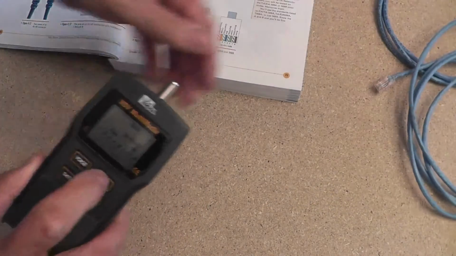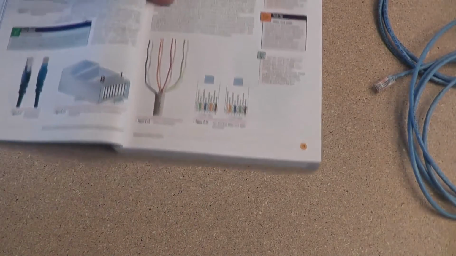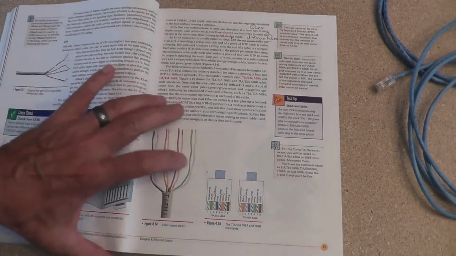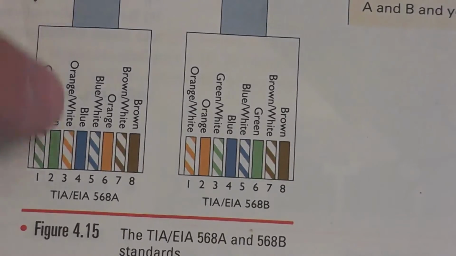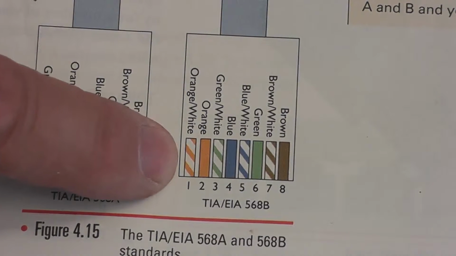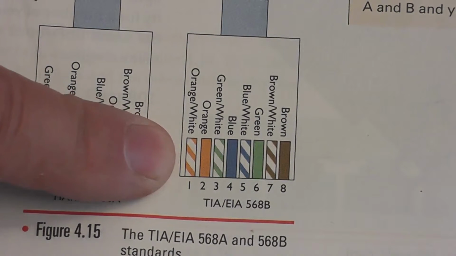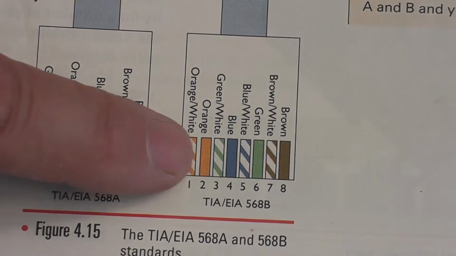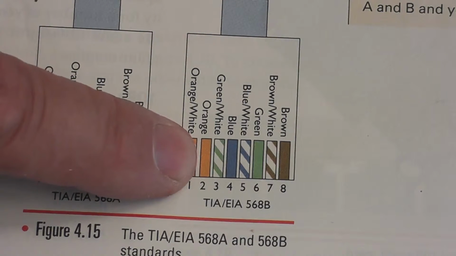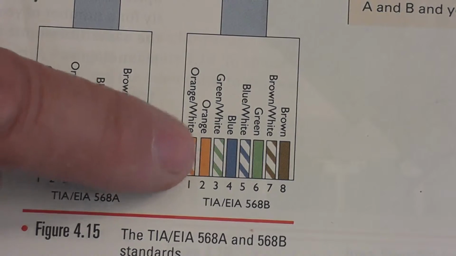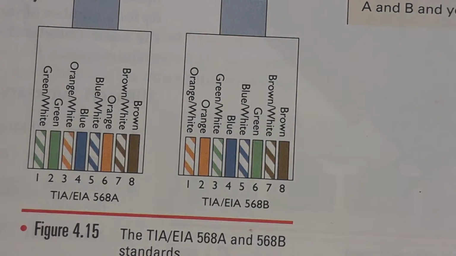If it's following the B standard, as we suspect, then the orange-white wire is on pin 1 on one end, and it goes to pin 1 on the far end. And the solid orange wire is on pin 2 on one end, and it goes to pin 2 on the far end. And that pattern continues all the way down.